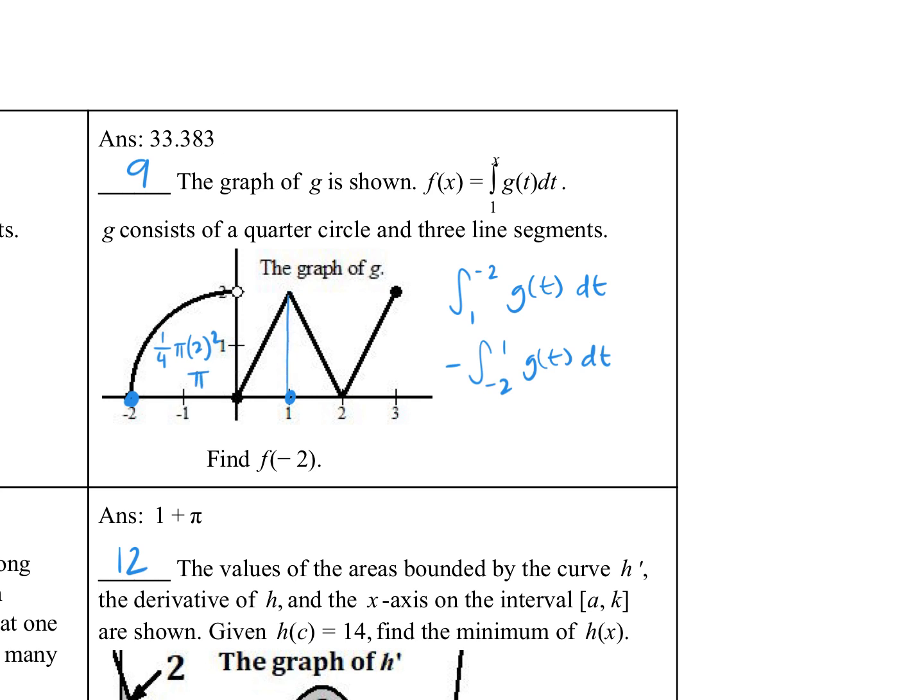And then to 1, we're going to have a little triangle here, so that's going to be 1/2 base times height. So that'll be 1/2, my base is 1, my height is 2, so this is going to equal 1. So if I plug this stuff in, I'm going to end up with negative pi plus 1, which is the same as negative pi minus 1.